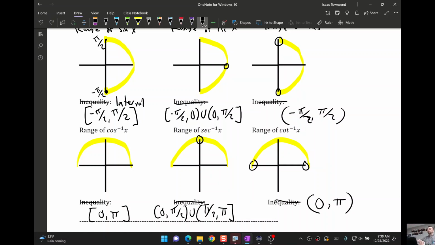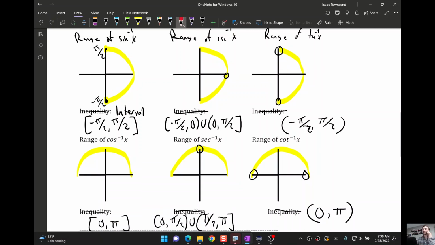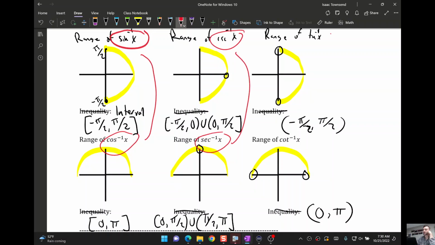The one other connection that I think is sometimes helpful, for those of you that remember which functions are co-functions of each other, one of those seemingly random identities we ask you to memorize: sine and cosine are co-functions, secant and cosecant are co-functions, and tangent and cotangent are co-functions.